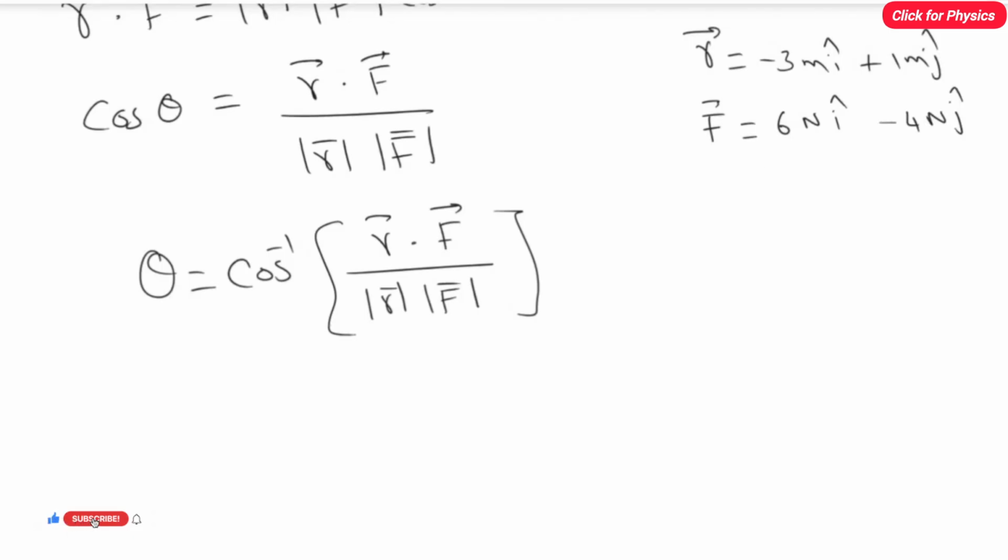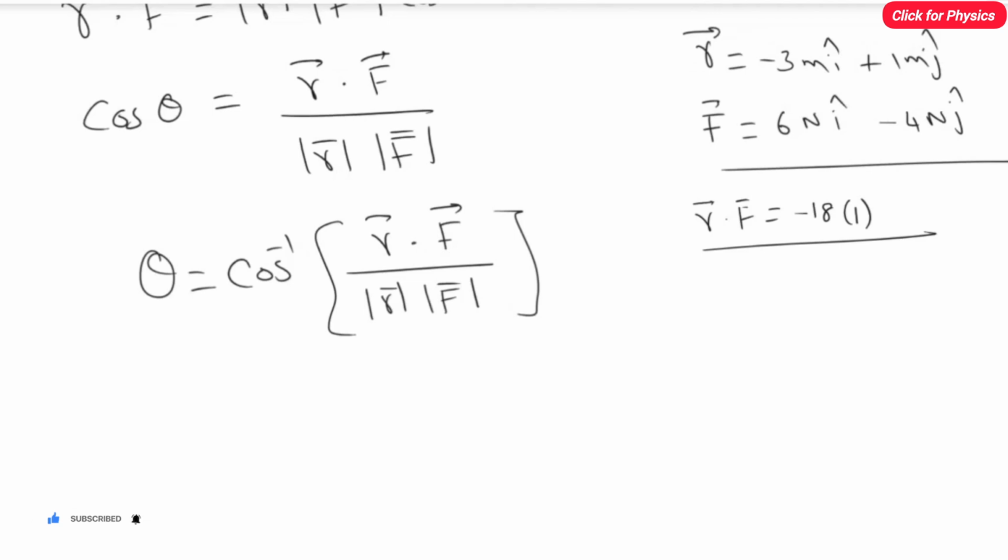Now I'm going to find r dot f. What we studied in chapter number 3: you have to multiply only i with i and j with j. So 6 multiplied by minus 3 is minus 18, and i dot i is nothing but 1, right?